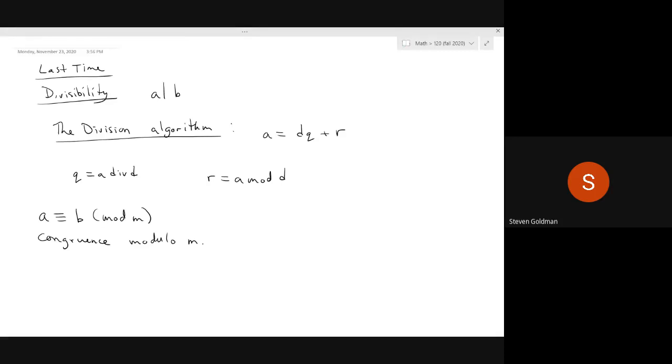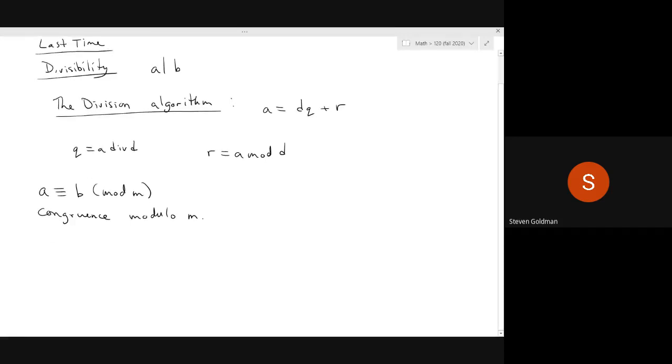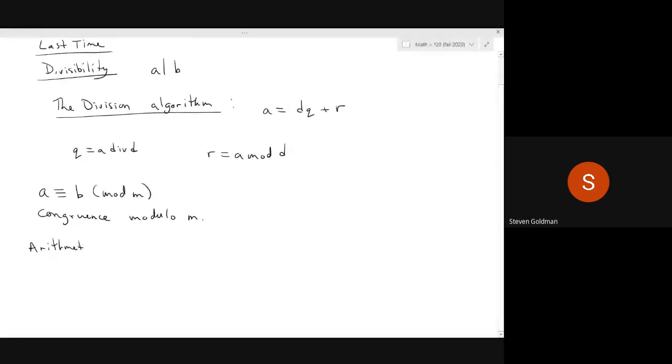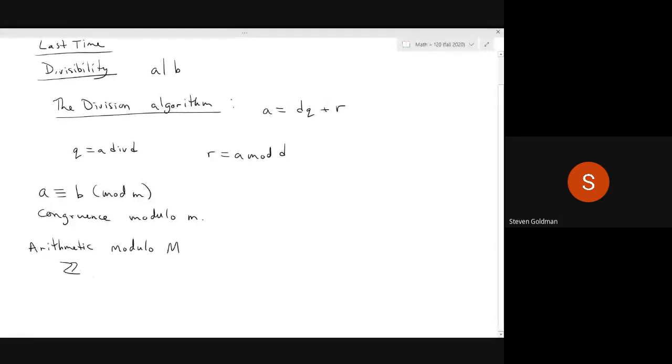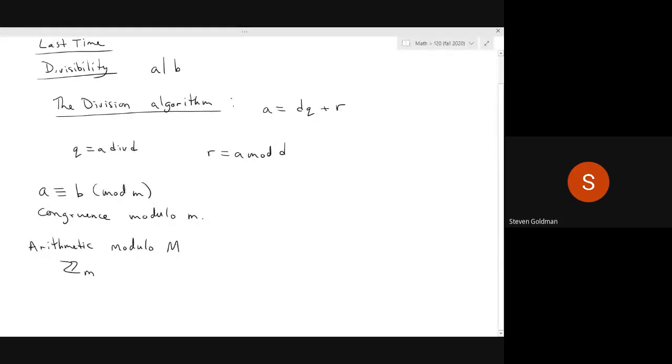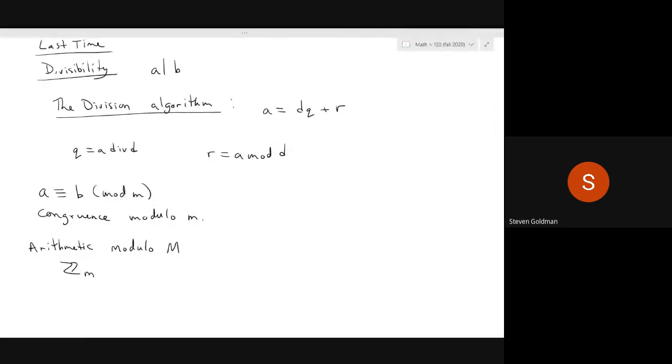Or in other words, that's the same thing as saying that A and B have the same remainder when divided by M. We discussed a couple of theorems about that, and then we also discussed arithmetic modulo M, if you have some set Z sub M, how to add and multiply elements on that set. So that about covers everything we discussed last time.